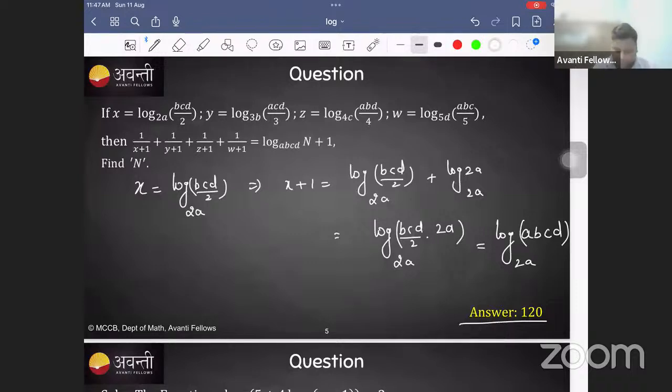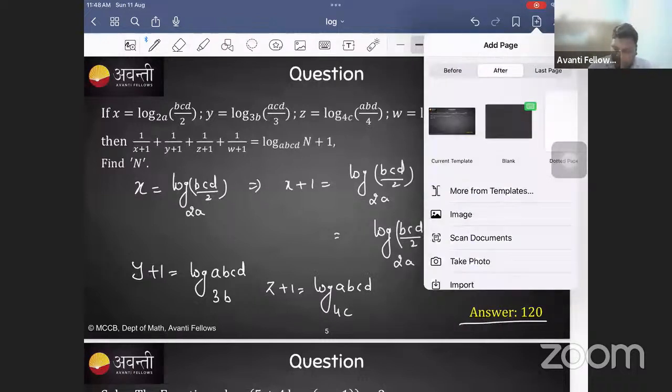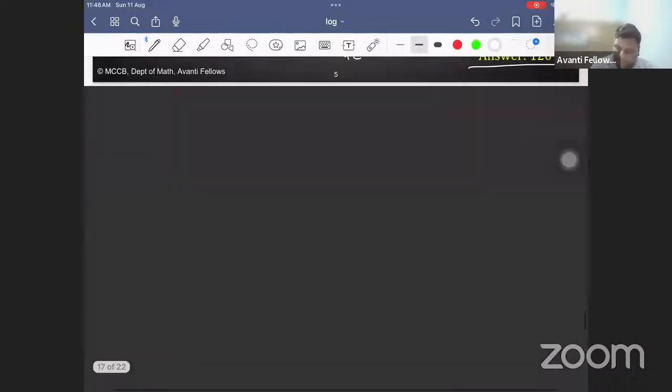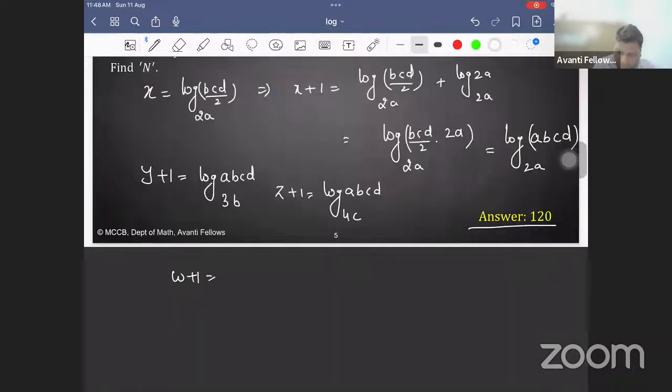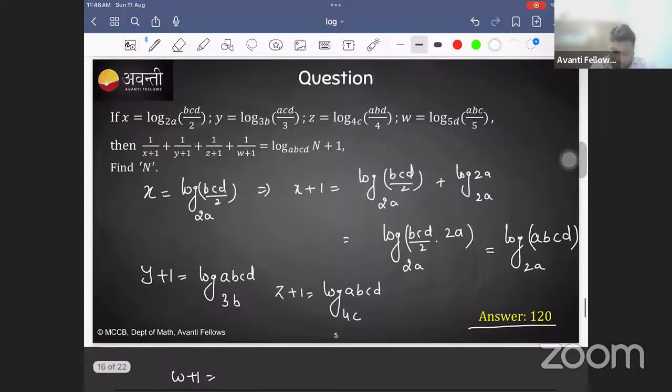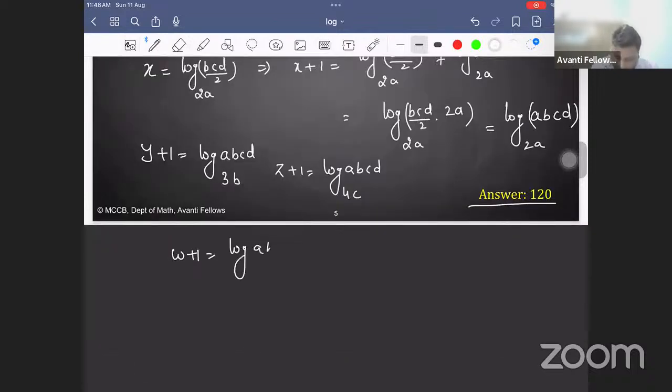Am I clear? Similarly, Y plus 1 if you calculate, you will get log ABCD base 3B. Z plus 1 will be log ABCD base 4C. And W plus 1 will be log ABCD base 5D. Got it?